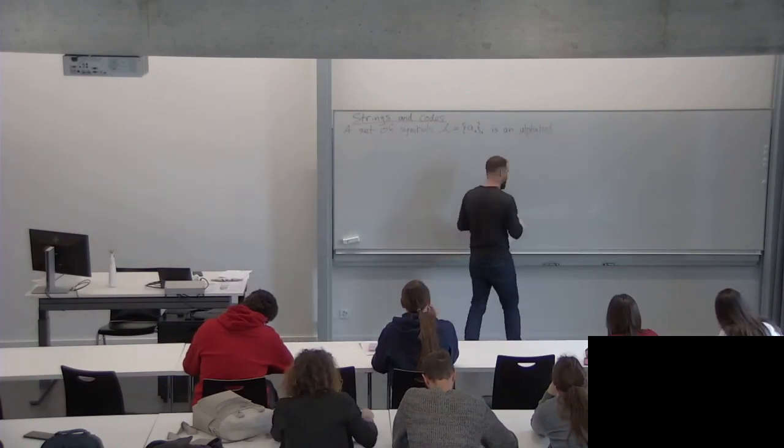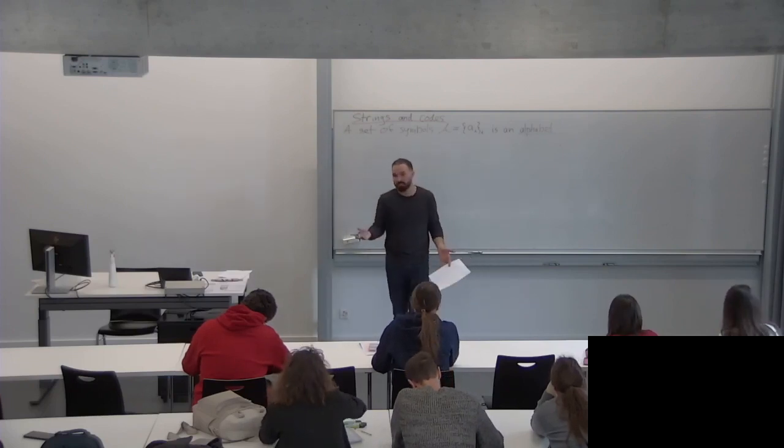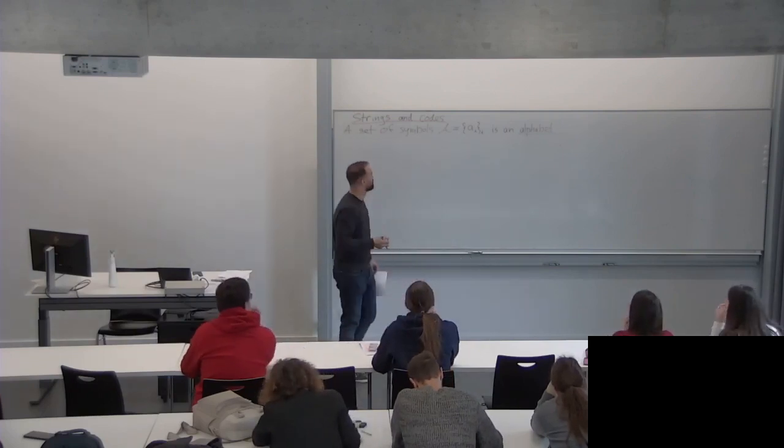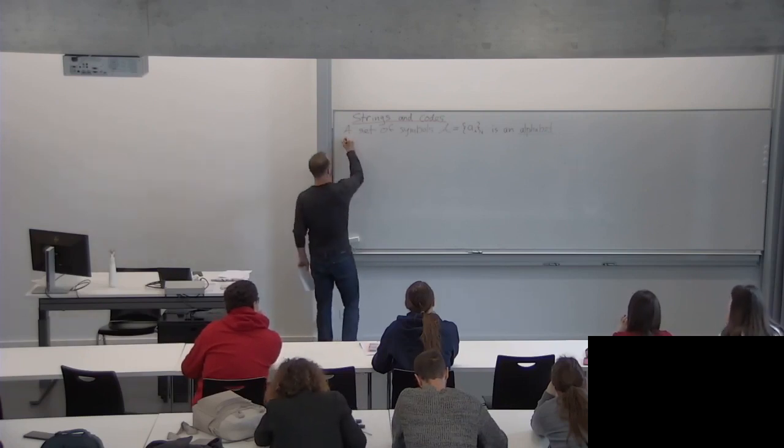Okay, so that follows the spirit of the Latin alphabet or any other alphabet. We have a set of symbols, which are our letters if we want. It can be finite.